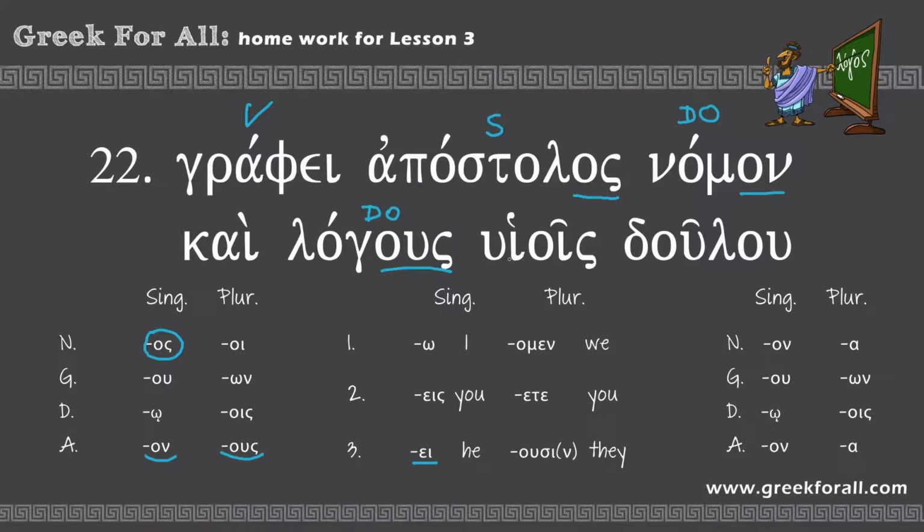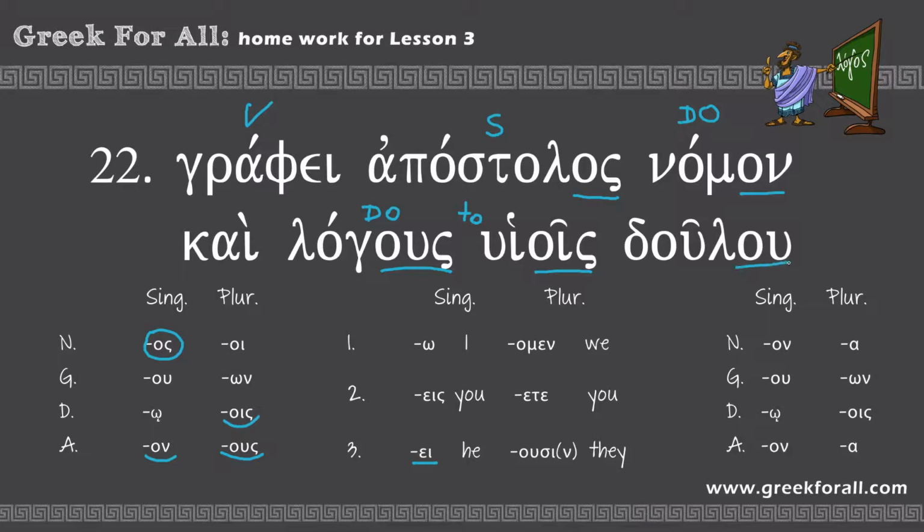And then we have the word huiois, and the ending ois is the dative plural. So this is the plural noun. Dative means it's indirect object. It's the addressee in this case. So we need to put to here, to whom this action is done. To sons, and then we have doulo.